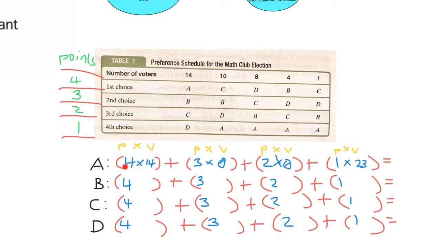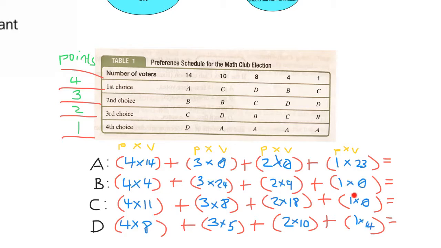So that's analyzing candidate A. And what you'd want to do then is fill out the rest of this. Analyze candidate B, find out how many first place votes candidate B got, how many second place votes, how many third place votes, and how many fourth place votes candidate B got. So I'm actually going to fill out the rest of this right now.